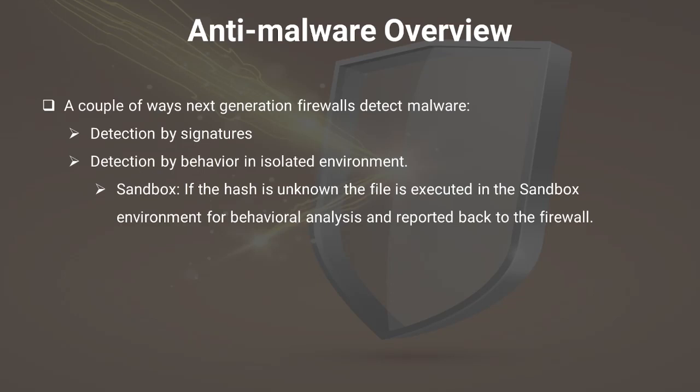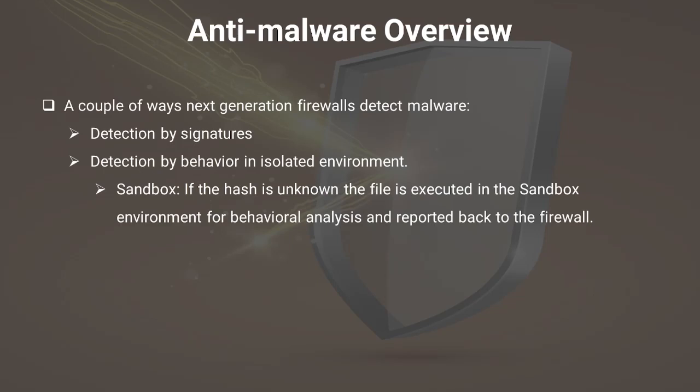And also your firewall, if it's from the same vendor as the endpoint agent, will be notified as well: this file is infected with this particular virus, and produces this hash, and if that hash is seen in the network traffic, the file will be blocked. So any additional user who tries to download that file from the internet will be blocked immediately, without the need for additional analysis, because the endpoint agent has already done it.